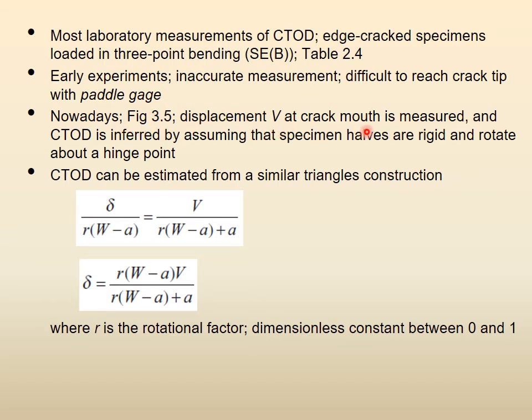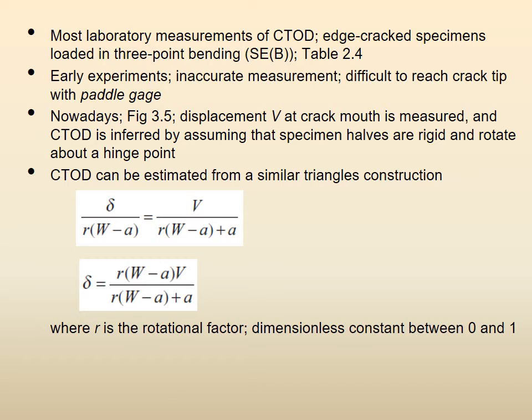Displacement V at the crack mouth is measured, simply V, and CTOD is inferred by assuming that the specimen halves are rigid and rotate about a hinge point. We will show you the figure, it will become clearer. A hinge is just like your door: if you hit the door, it moves through an angle, and those clamps on the door side are called hinges.